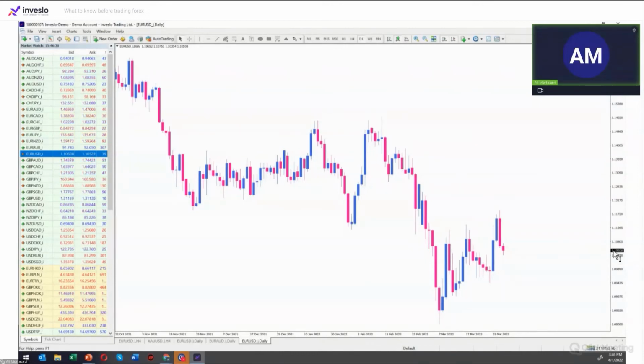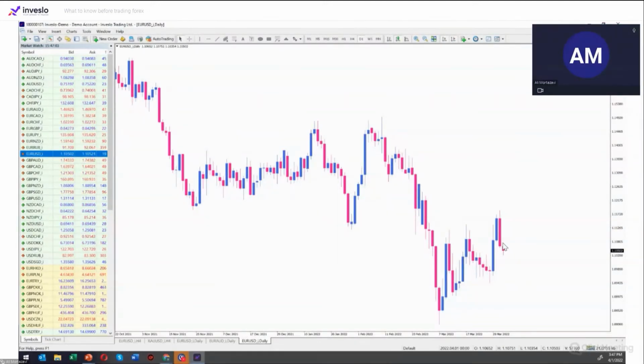Okay, so this is the way that we quote the currencies. And when you see a price going up, it means each euro is getting more expensive against the dollar. It means we have the appreciation of our base currency, which in this example is euro. And when we see the prices going down, it means the value of euro is falling against the USD.